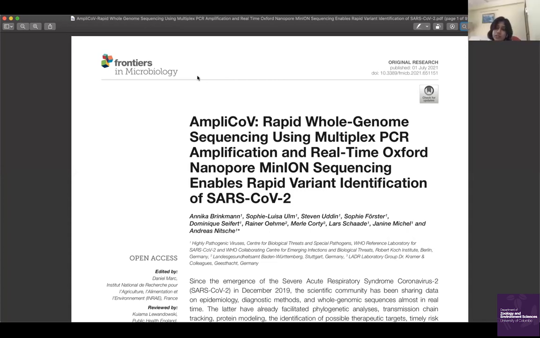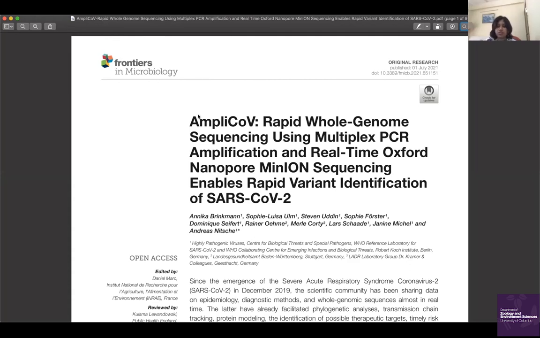Yeah, you can use a software called Pangolin, sir. It gives you the variant already. When you upload it, it blasts it against the reference sequences they already have in the databases, so it gives you the results of which variant you have. You can also manually look at the gene sequence.